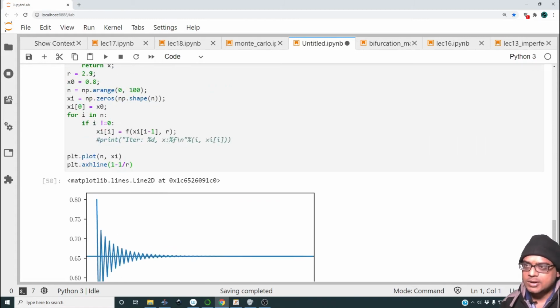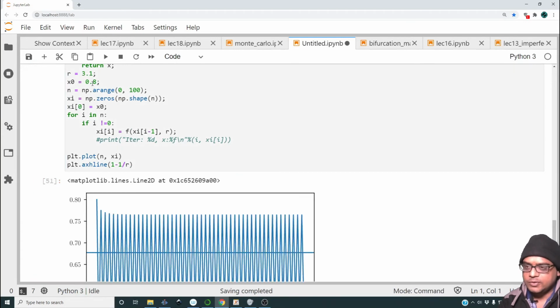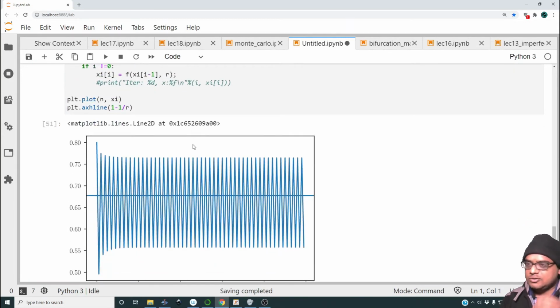What happens when r exceeds the value of 3? So it appears to oscillate. The values appear to oscillate in a periodic fashion, and the period appears to be 2. Meaning, if I look at this point, after 1, 2, it again repeats.